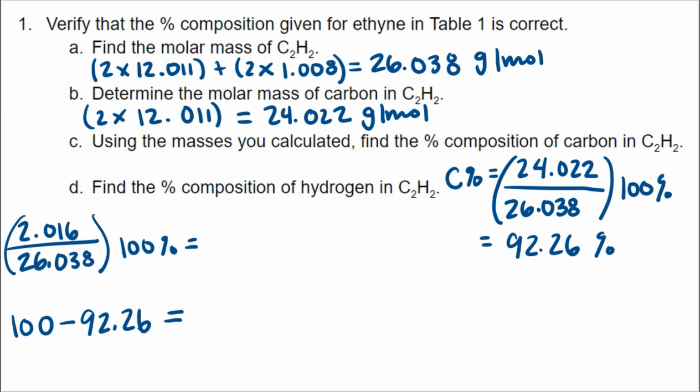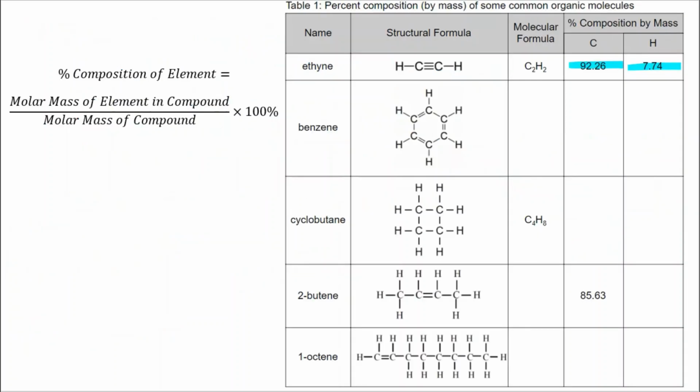So if we subtract out the carbon, we'll get the percentage of hydrogen. But either way that you use, you'll get the same answer, 7.74%. So does that match what we had in the table? Yes.